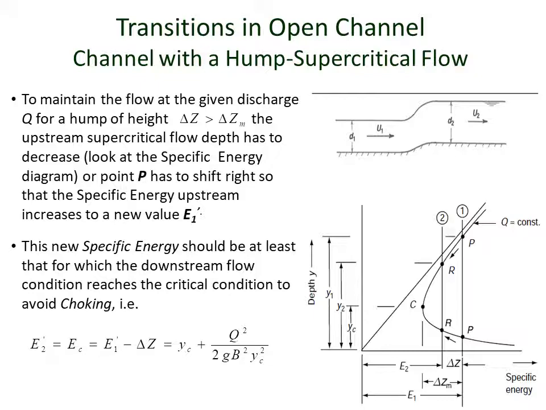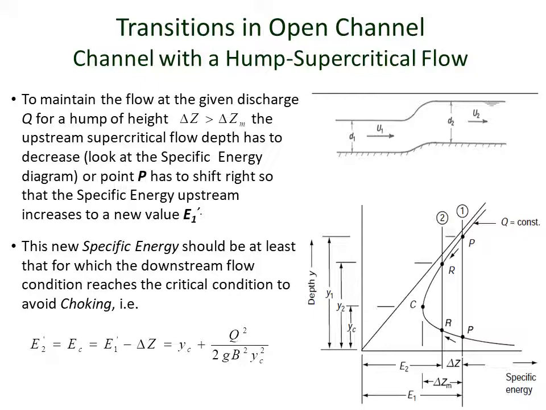So again, if the hump height is bigger than delta Zm, then to maintain the flow, or to continue the flow with the given discharge capital Q, we have to change the upstream flow condition. That is, we have to decrease the flow depth here. This is the supercritical flow, so we have to decrease the flow depth.